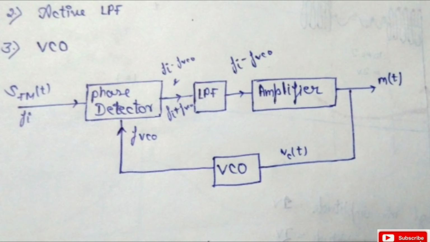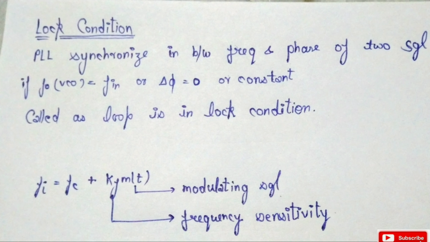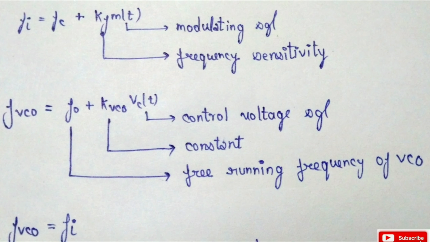Then it is again compared with the input frequency Fi, and in the end these two frequencies will be equal, or we say that Fi is equal to FVCO. Let's suppose the input signal has a frequency Fi. Then in the frequency modulated signal we know that the input frequency Fi is given by Fc plus Kf m(t), where m(t) is the modulating signal and Kf is the frequency sensitivity.